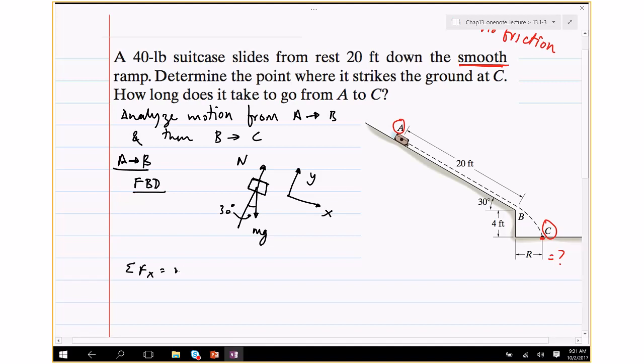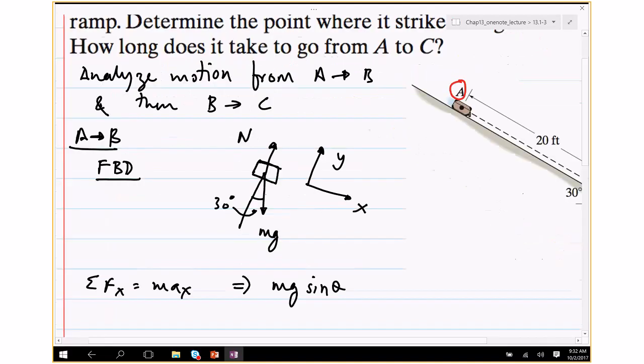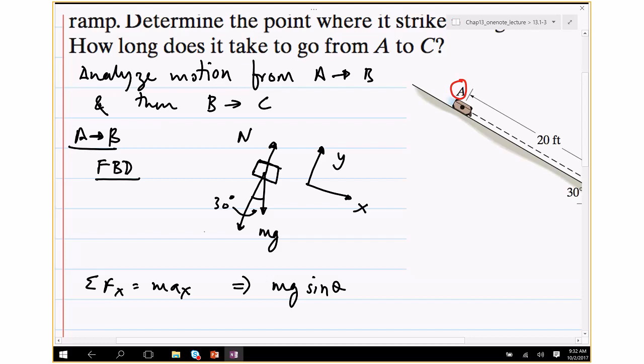So Fx equals mass times acceleration gives me, in the x direction, what's the net force? It's going to be the component of mg in the x direction, so that's mg sine theta. This is mg cosine theta, and this is mg sine theta, because I need to take this force and resolve it along the x and y.